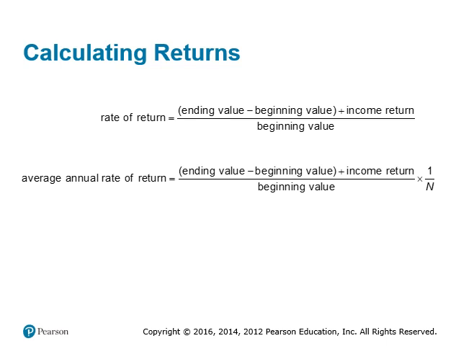For the rate of return, you calculate it by subtracting the beginning value from the ending value, then you add your income return and divide this value by the beginning value. For the average annual rate of return, it's still the same formula, except that we multiply it by 1 over n. So that's how to calculate the returns.